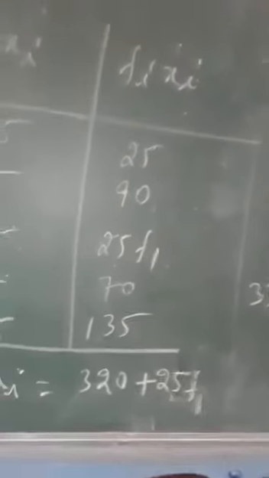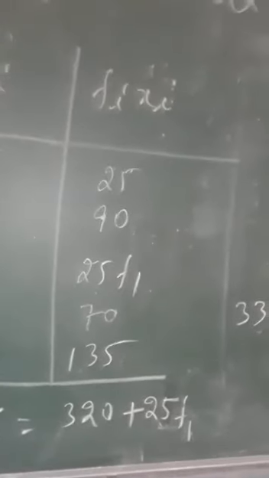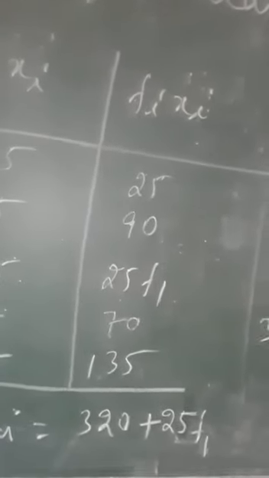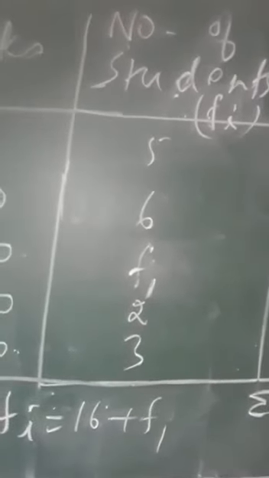After finding all the class marks, what will we do? We will find the product of frequency and its corresponding class mark, that is Fi Xi. The Xi are 5, 15, 25, 35 and 45, while the frequencies are 5, 6, F1, 2 and 3.